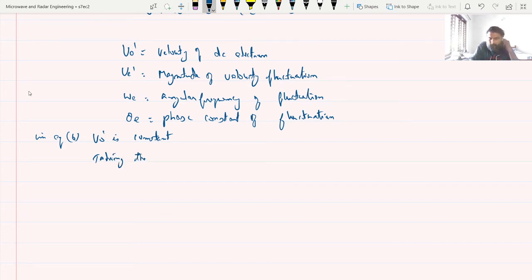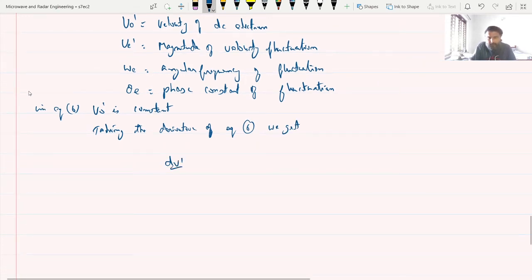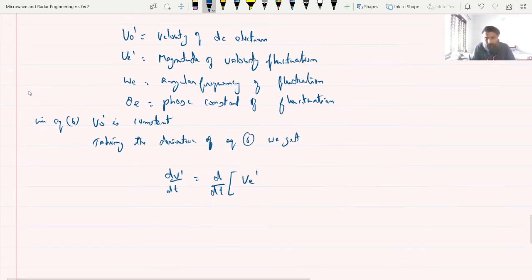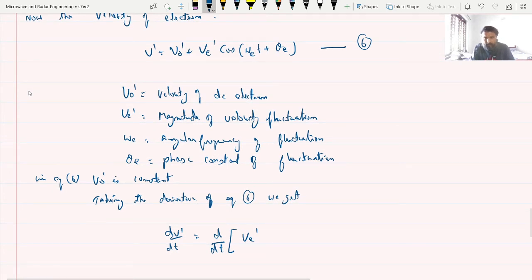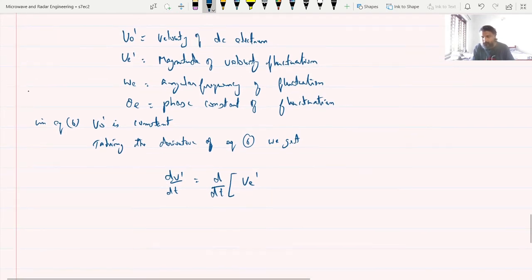Taking the derivative of equation 6, we get dv dash by dt equal to d by dt of ve dash cos(omega e t plus theta e), because v naught dash is constant, so that term will be 0.